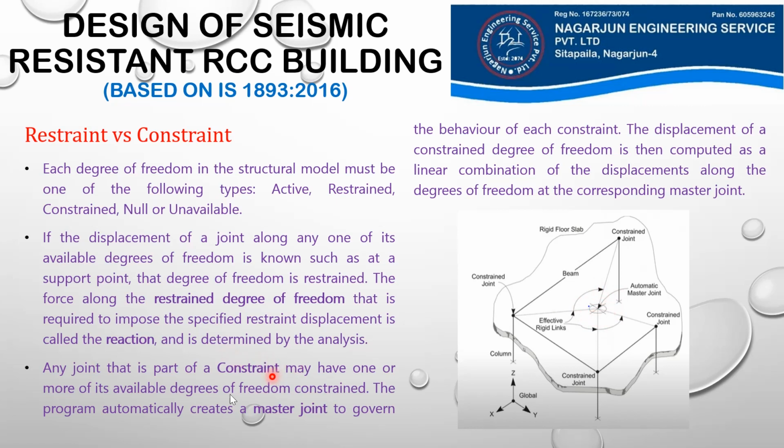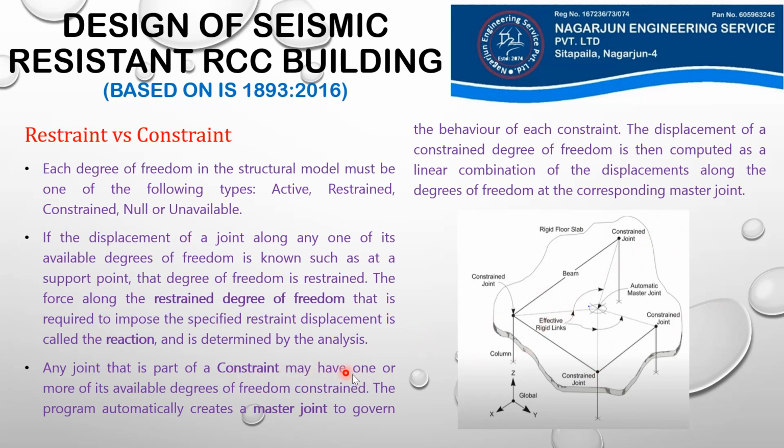So as we can see here, these 4 joints are part of one constraint. This constraint is known as the diaphragm constraint. We will learn how to apply a diaphragm constraint to our building also.